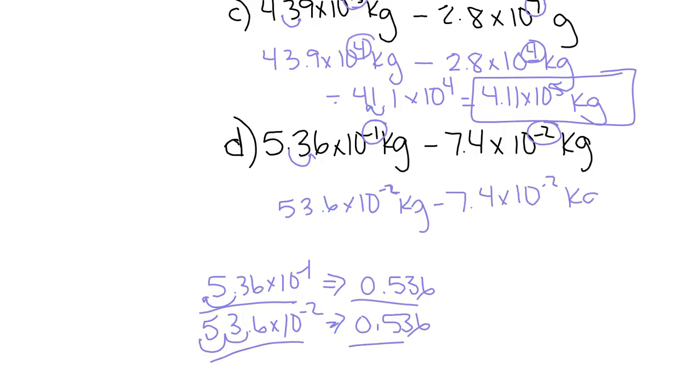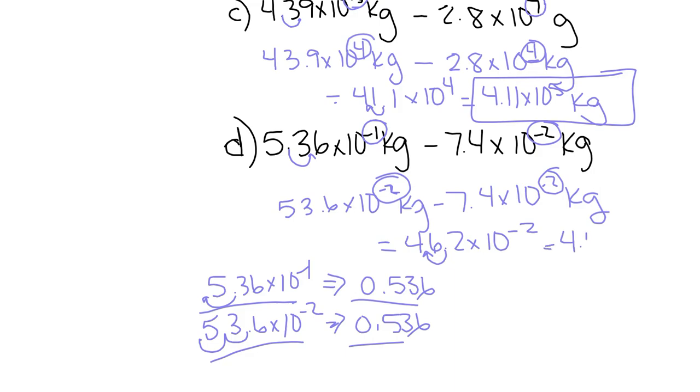So let's finish out our problem. Now that we have the same 10 to the negative 2, so do 53.6 minus 7.4, which gives us 46.2 times 10 to the negative 2 kilograms. And we'll move this over to the left.